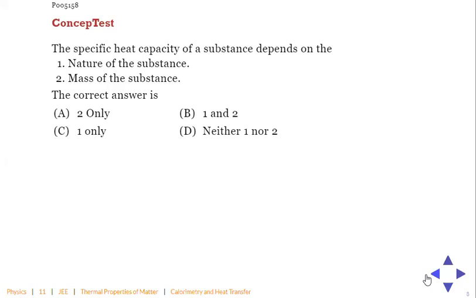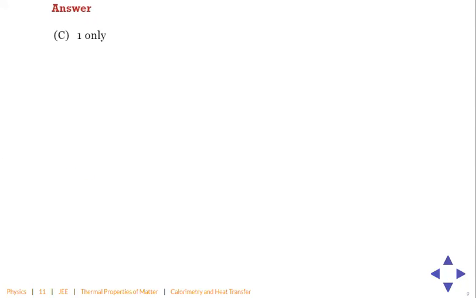Yes, very good, Akshaya. So the answer is one only, because specific heat capacity is Q by m delta T, which means it is the coefficient when unit mass is taken. So it will not depend on mass.